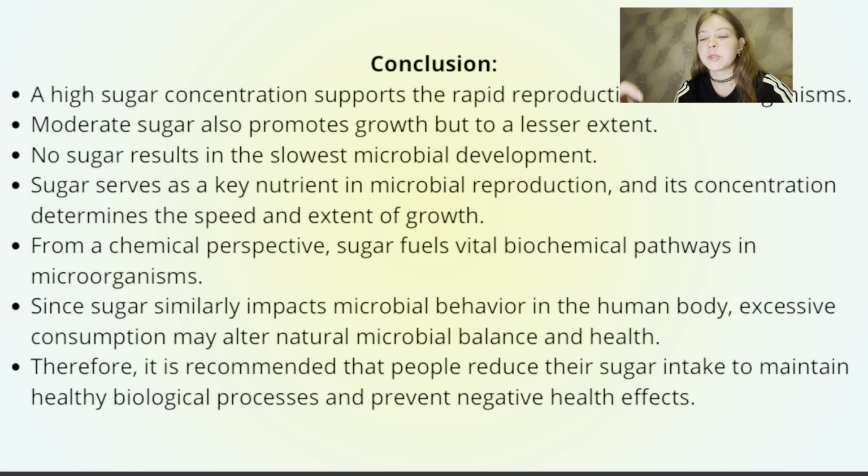From a chemical perspective, sugar fuels vital biochemical pathways in microorganisms. Since sugar similarly impacts microbial behavior in the human body, excessive consumption may alter natural microbial balance and health. Therefore, it is really recommended that people reduce their sugar intake to maintain healthy biological processes and prevent negative health effects.